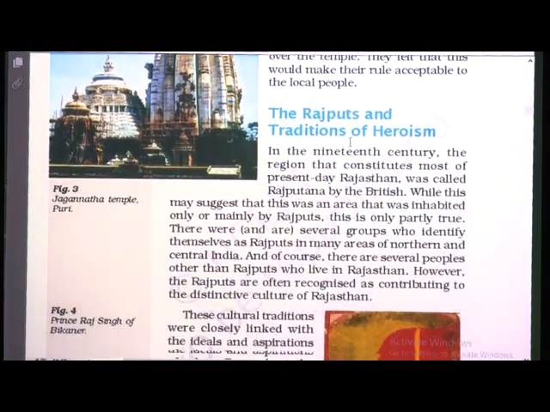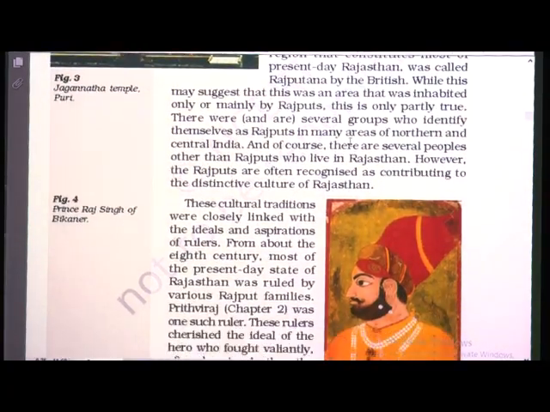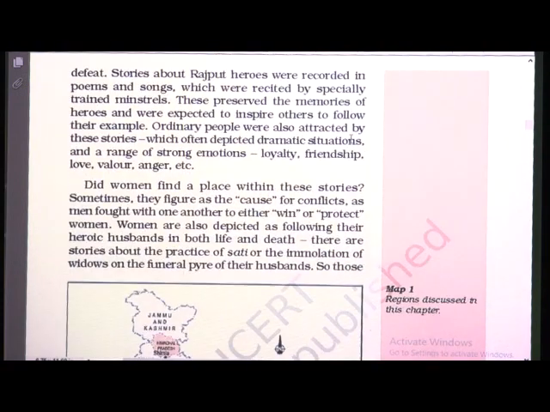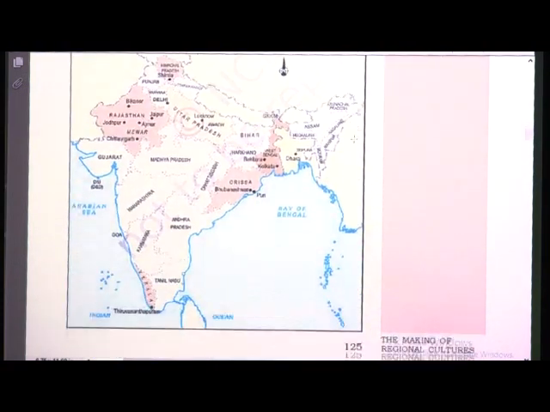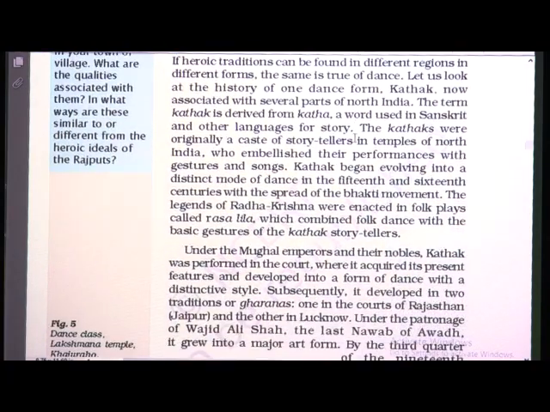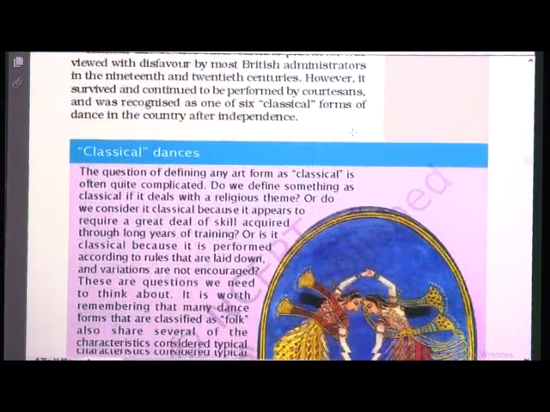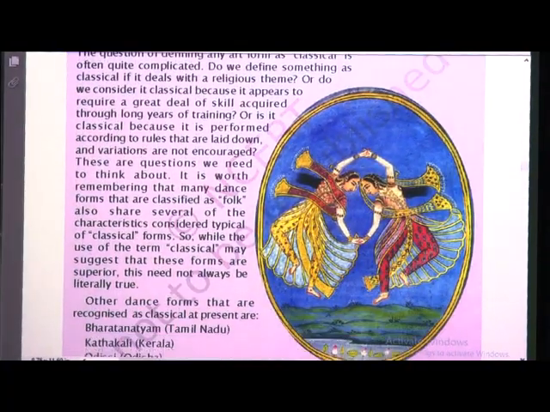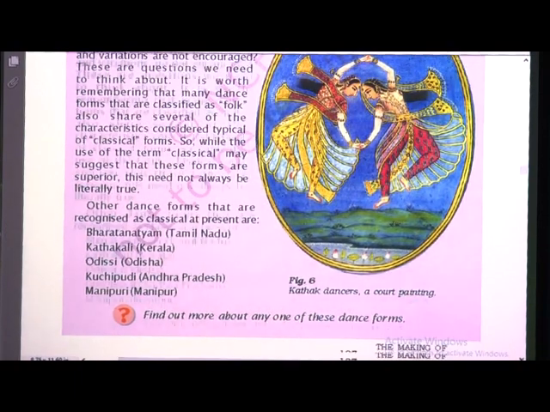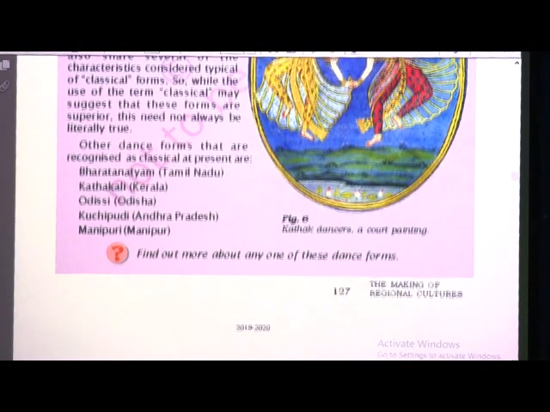See, the Rajputs and traditions of heroism. Then we went to beyond regional frontiers, the story of Kathak. Then again, classical dances, six dance forms.